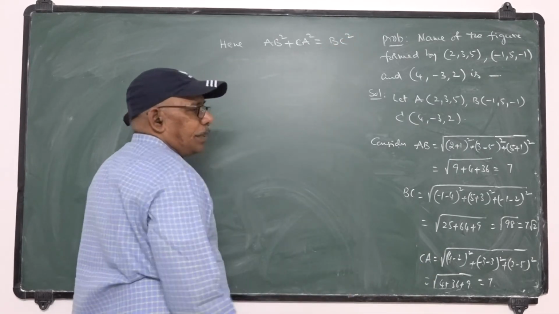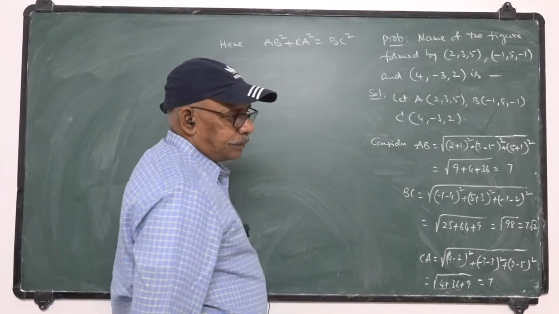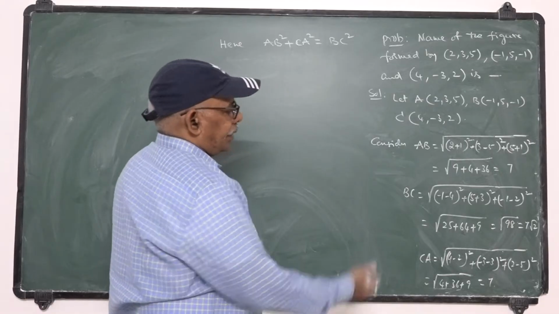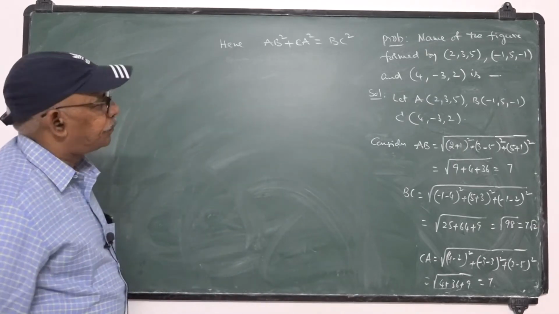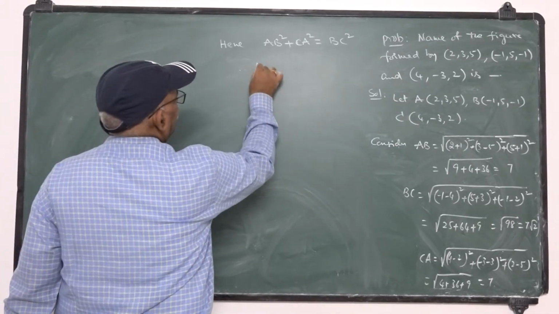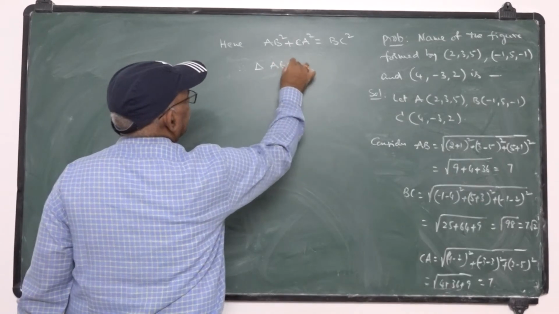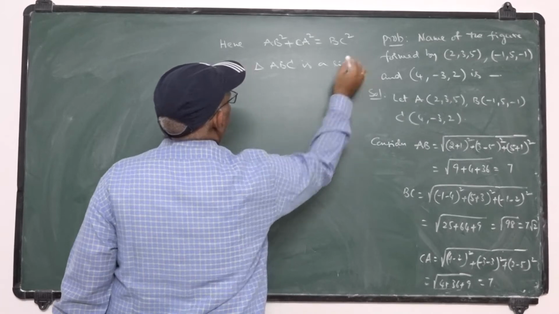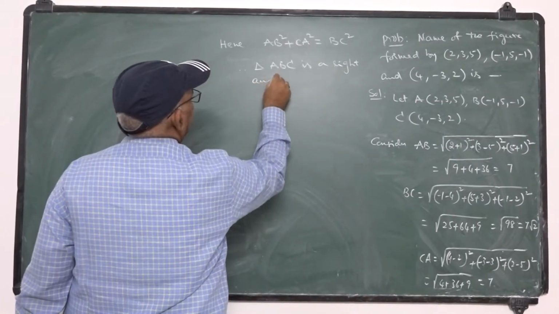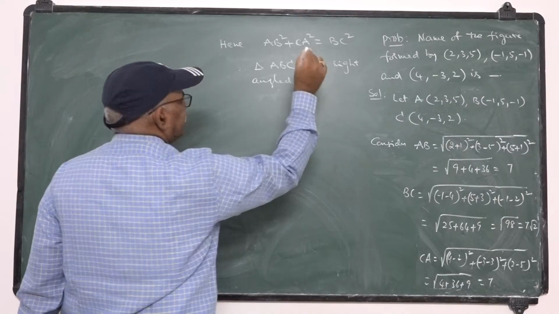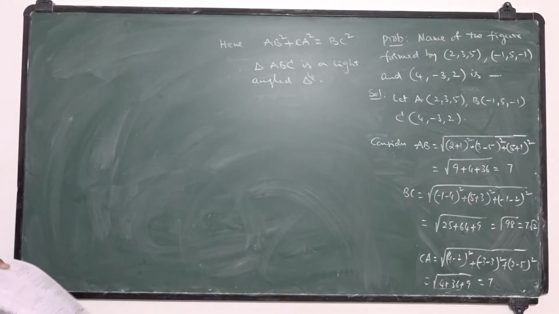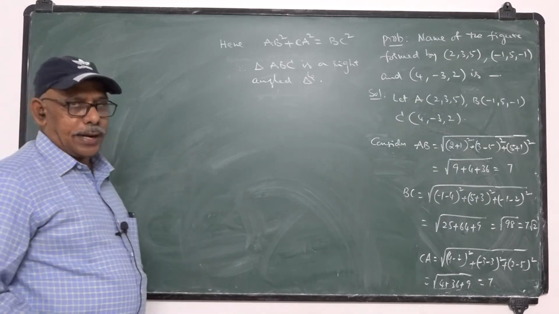Clearly, AB square is 49, CA square is 49, 49 plus 49 is 98. So that is nothing but BC square. Hence, therefore, triangle ABC is a right angle triangle. So the figure formed by the points is a right angle triangle.